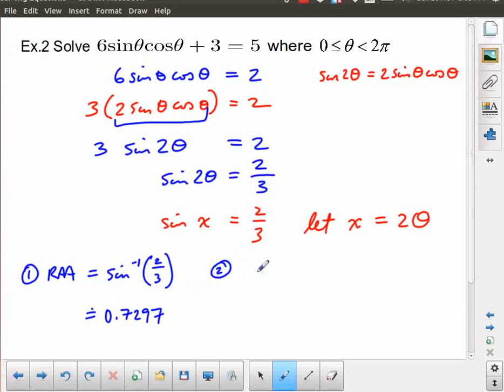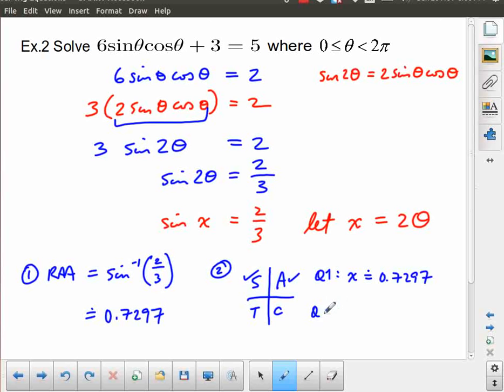Step 2 is I'm going to apply my CAST rule. And we can see from this, sine was positive. So where's sine positive? That's in quadrant 1 or quadrant 2. So my quadrant 1 answer is going to be that x equals what we already had, 0.7297.